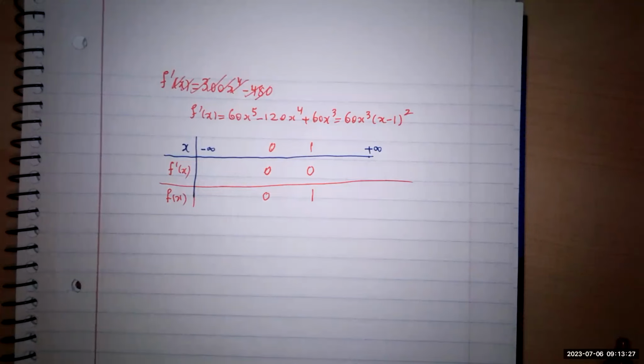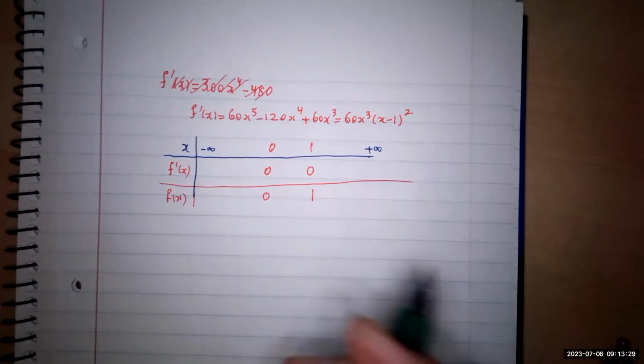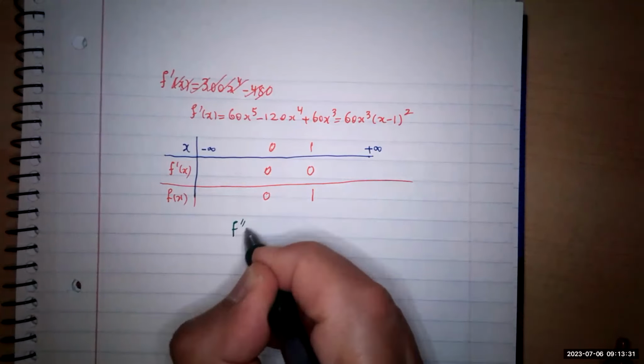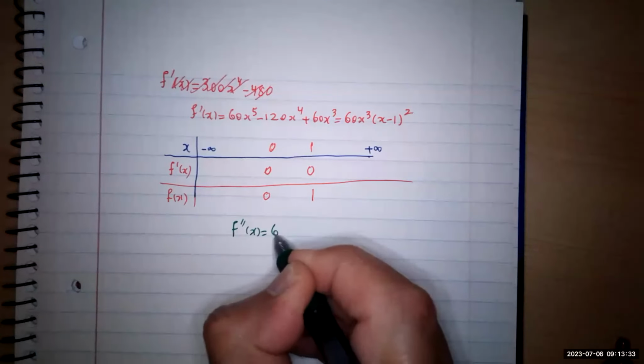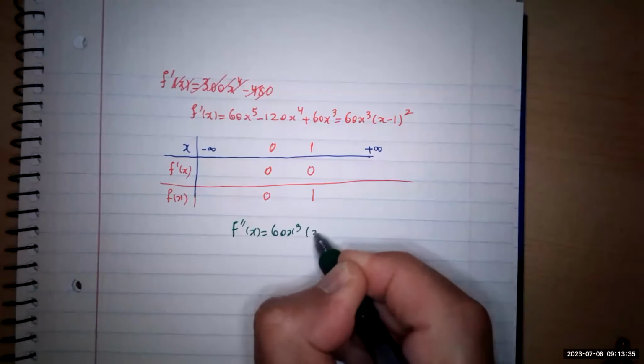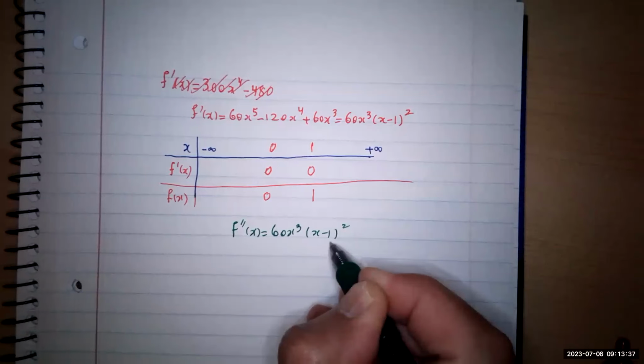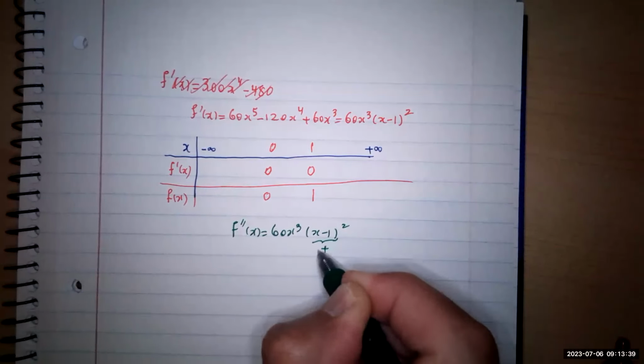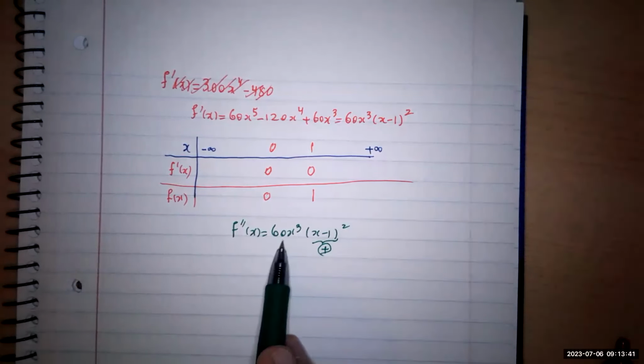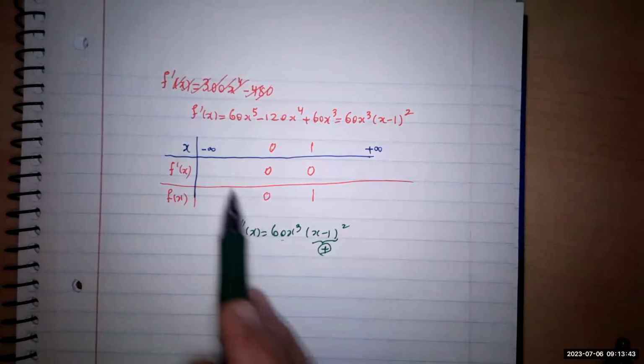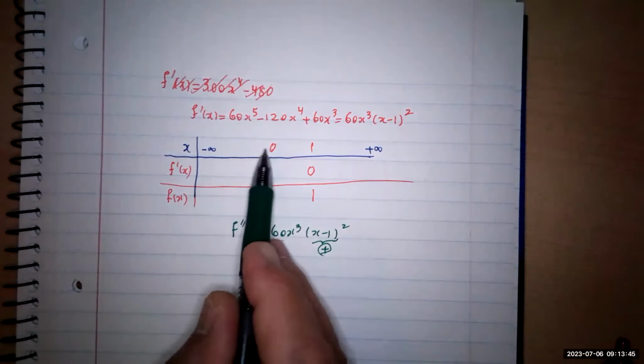If you want to check the sign of f prime, look at this one. This is your f prime, 60x cubed times (x minus 1) squared. You see, this part is always positive, so you only have to check the sign here. You pick a number between negative infinity and 0.